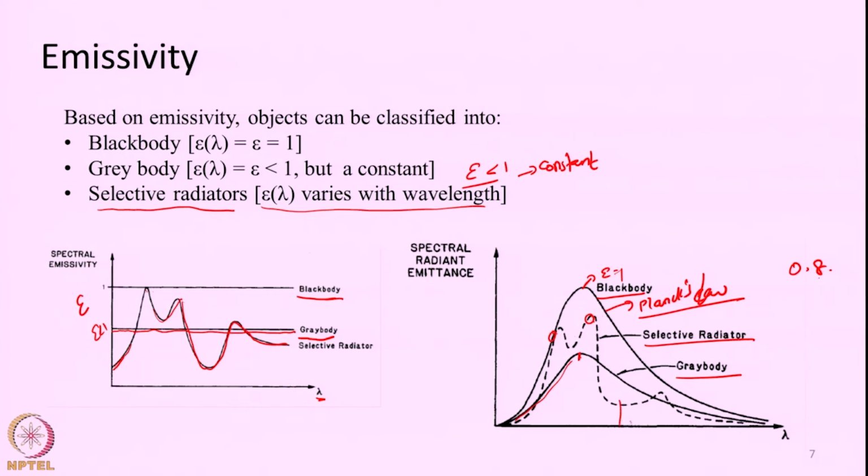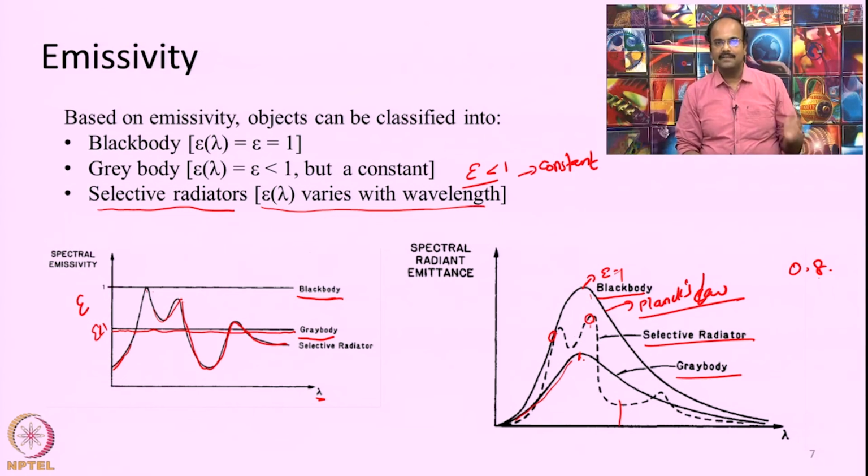So, at each wavelength the emissivity will keep on varying, and without knowing the emissivity we will not be able to calculate its temperature. Without knowing the emissivity, most likely we will end up with an underestimated value of temperature unless we know the correct emissivity value, and if this emissivity varies with wavelength, that complicates things. We must measure the emissivity of the object at all possible wavelengths, right.